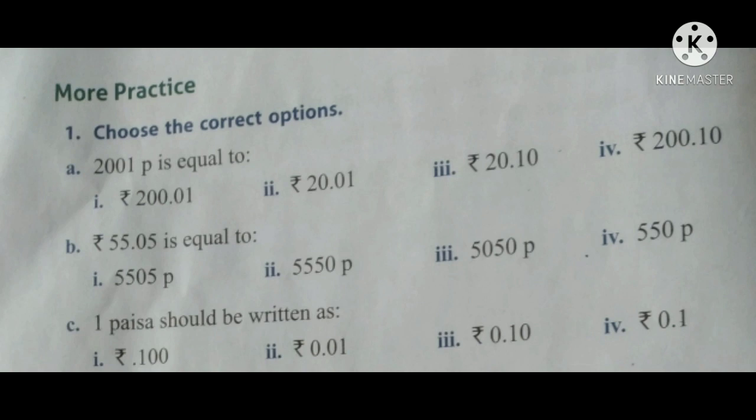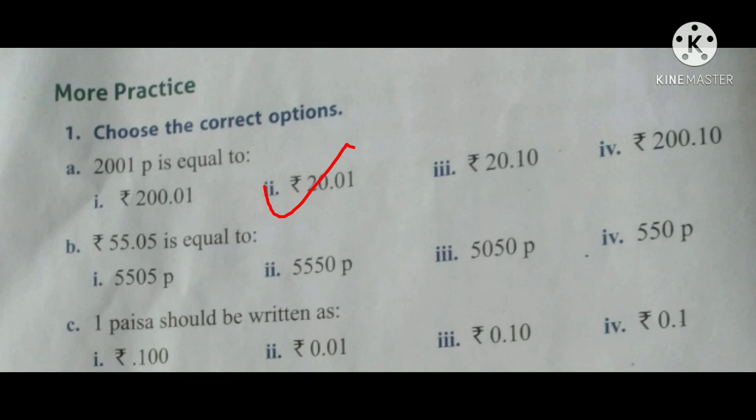Let us discuss the first one. 2001 paise is equal to dash. Here we have to change this into rupees. We know to convert paise into rupees, we have to put a dot before the second digit from the right. So our answer will be rupees 20 and 01 paise. That is, the second option will be the answer.